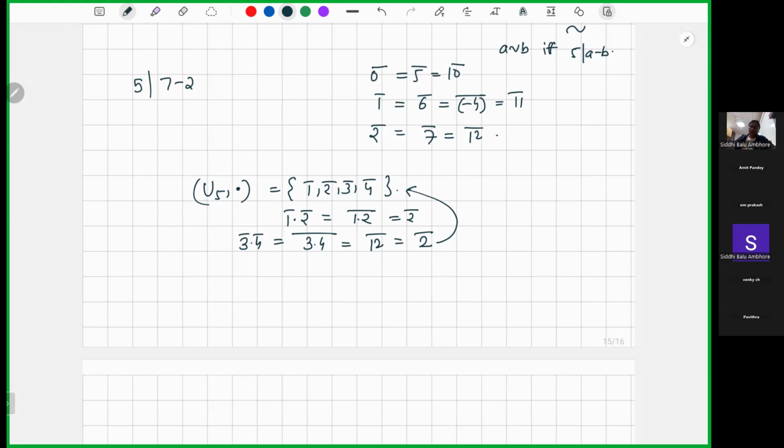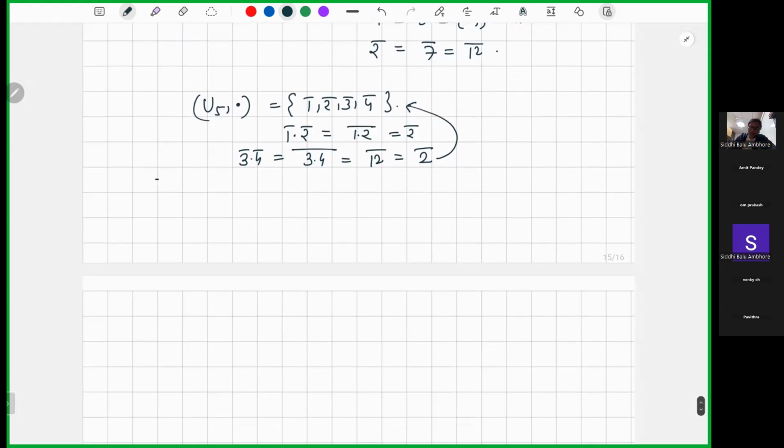Let us multiply and see, to find the multiplicative inverse of 3 bar in U5. U5 is a group. It has inverses and everything. Okay, you can check that.